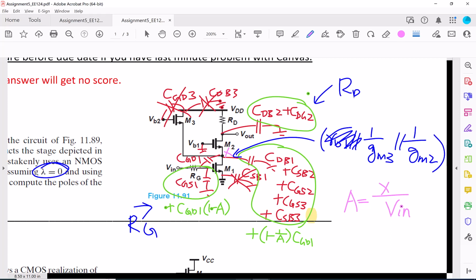Common source. Sorry, my ear. Common source amplifier. Exactly. What is the gain for common source? Negative what? 1 times RO1 parallel 1 over GM2.